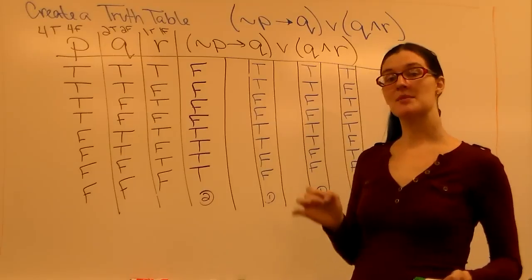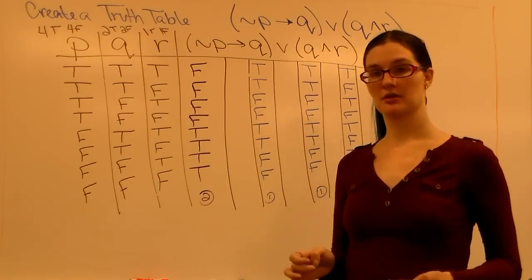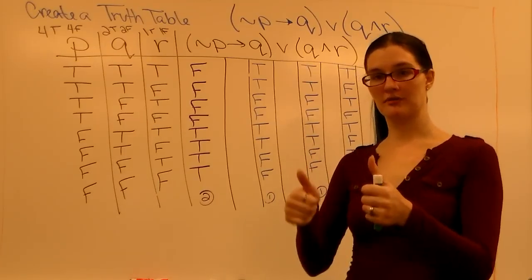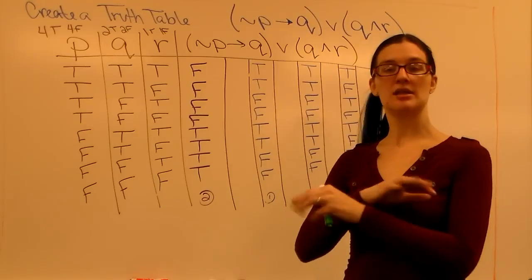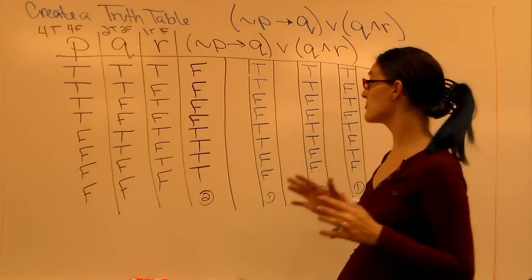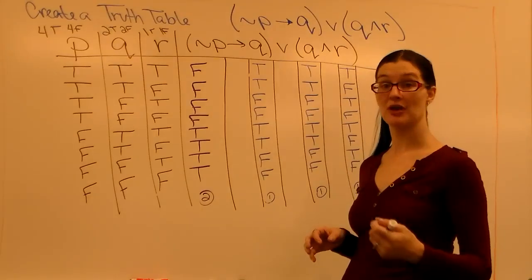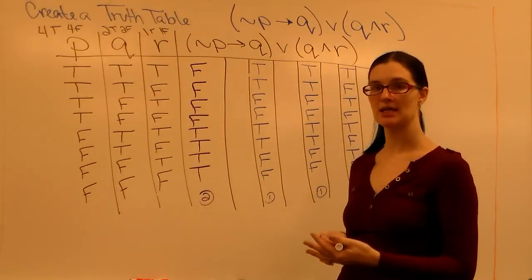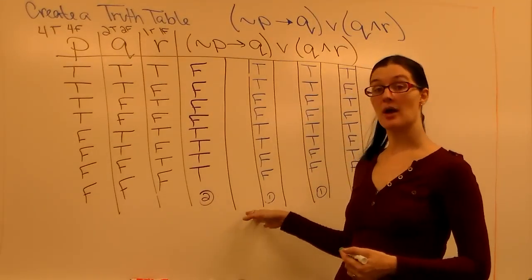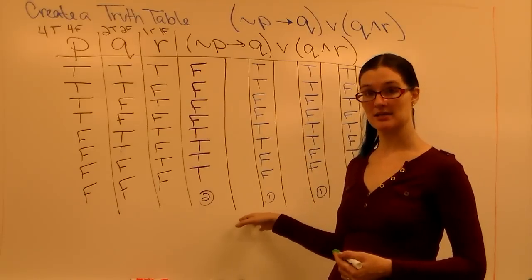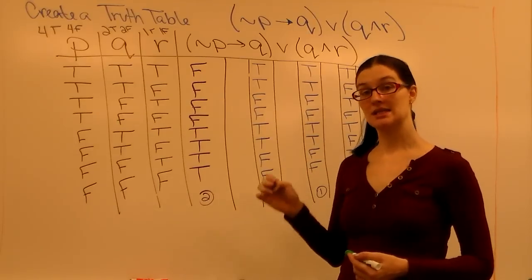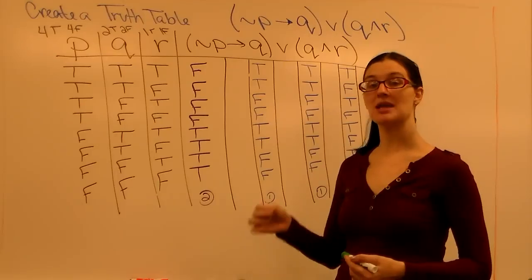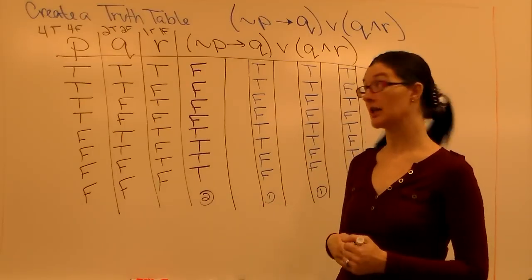The only time a conditional is false is if it is true then false. It's the only time a conditional will ever be false. That's something you should memorize to make this process go a little bit easier. You are going to have quite a few truth tables on this test. It is a timed test, so you must be able to do these quickly and efficiently.